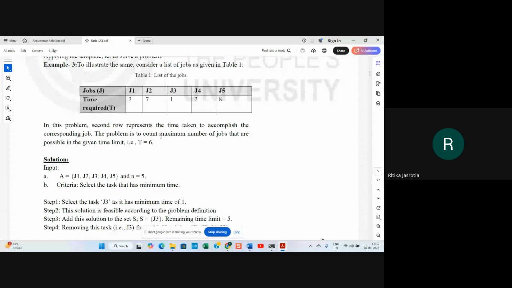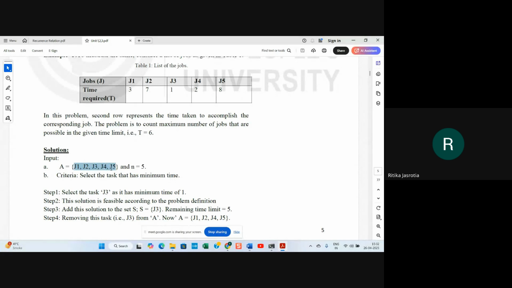The problem is to count the maximum number of jobs that are possible in the given time limit. The time limit is 6. In a time limit of 6, how many jobs can you complete, right? So your selection set A is the set of jobs J1, J2, J3, J4, J5, and n is equal to 5.